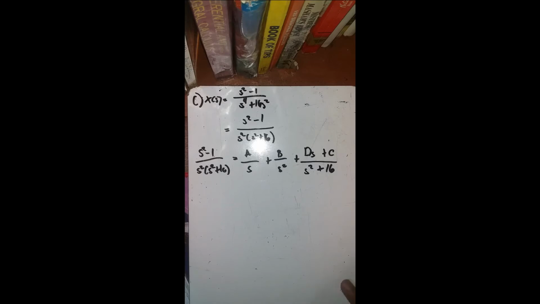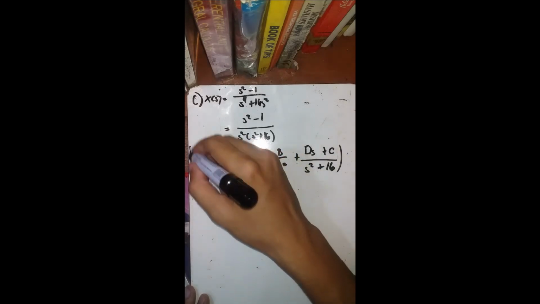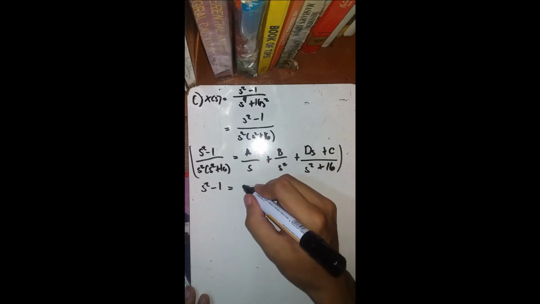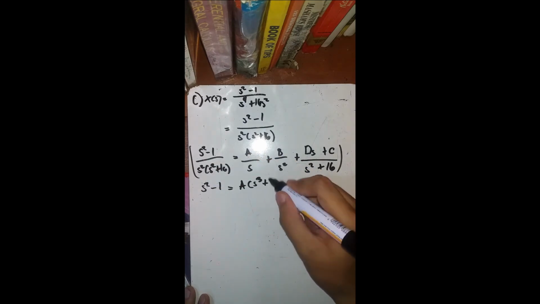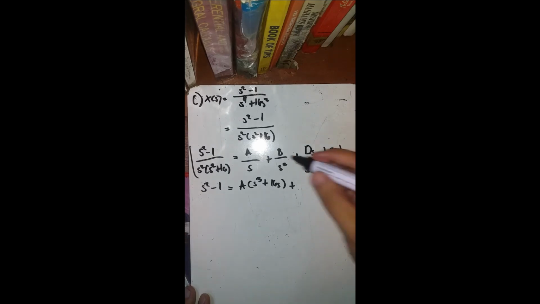Now what I will do is the coefficient method. So again, we multiply this by your denominator. What's left here is s squared minus 1 equals a times s cubed plus 16s, plus b times s squared plus 16, plus ds cubed plus cs squared.